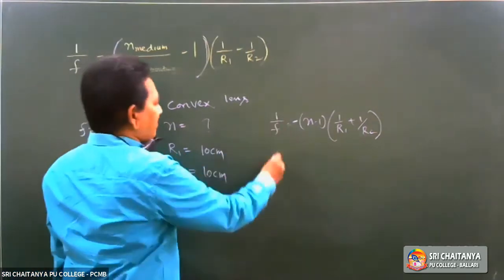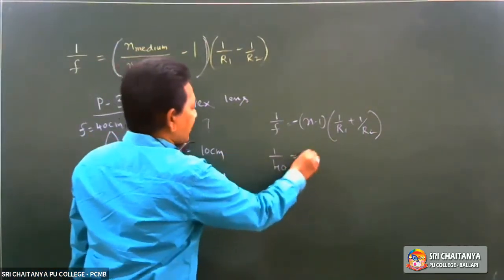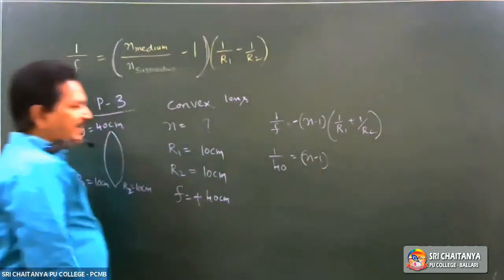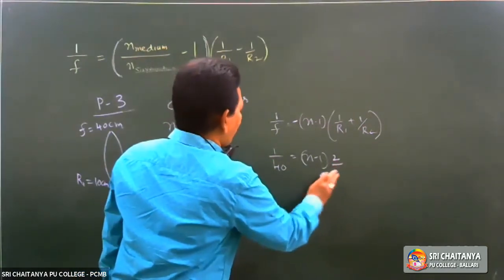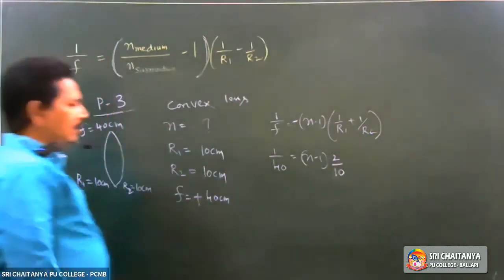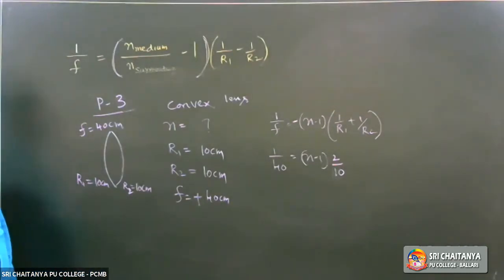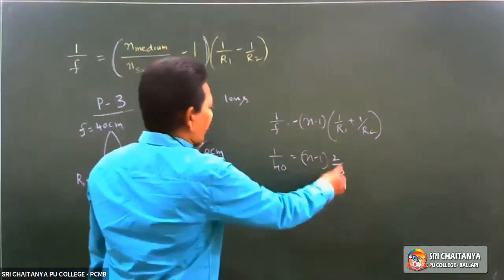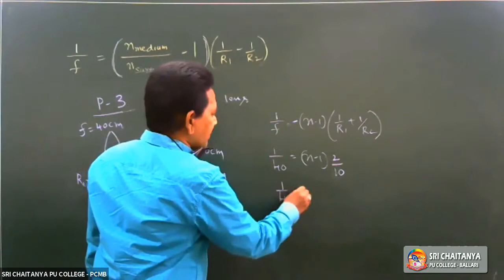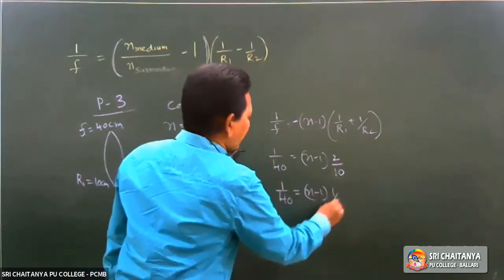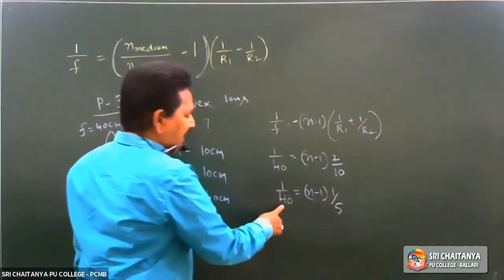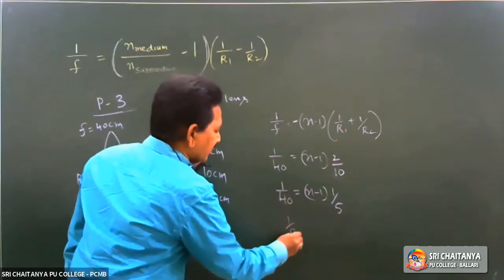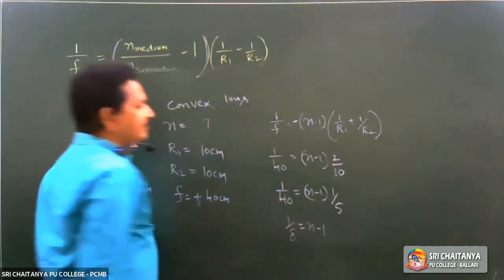1 by F, 1 by 40, is equal to (n minus 1) into (1 by 10 plus 1 by 10). 1 by 10 plus 1 by 10 is equal to 2 by 10, because it is convex. 2 by 10 means 1 by 5. 1 by 40 is equal to (n minus 1) into 1 by 5. 5 ones are 5, 5 eights are 40. 1 by 8 is equal to n minus 1.